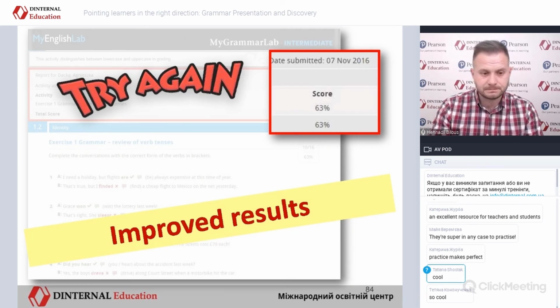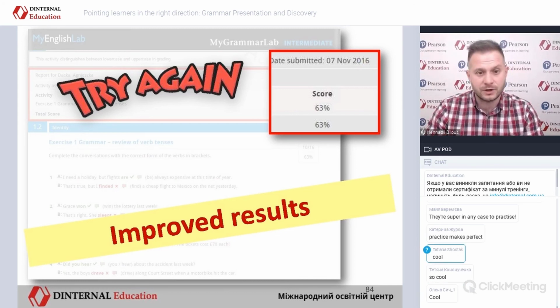And my favorite, like one of you wrote, yes, you were writing about something of your favorite there. Well, my favorite is that my students can improve results using this platform. And actually, this is the official statistics by Pearson that on average, the students who use this platform improve their scores and improve their skills and knowledge by 10 to 15%.